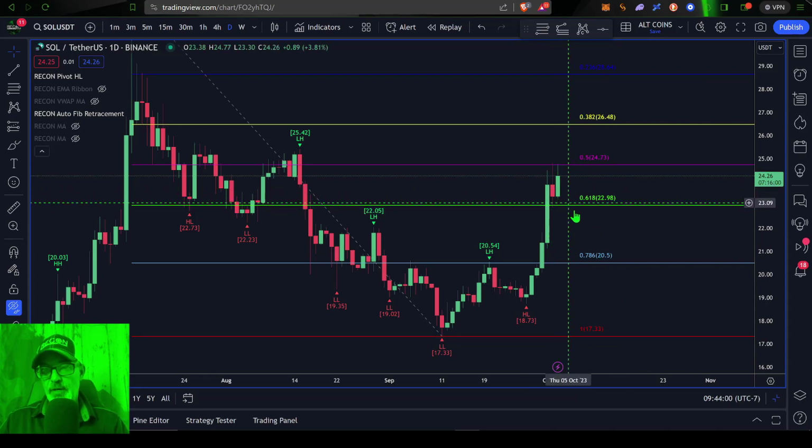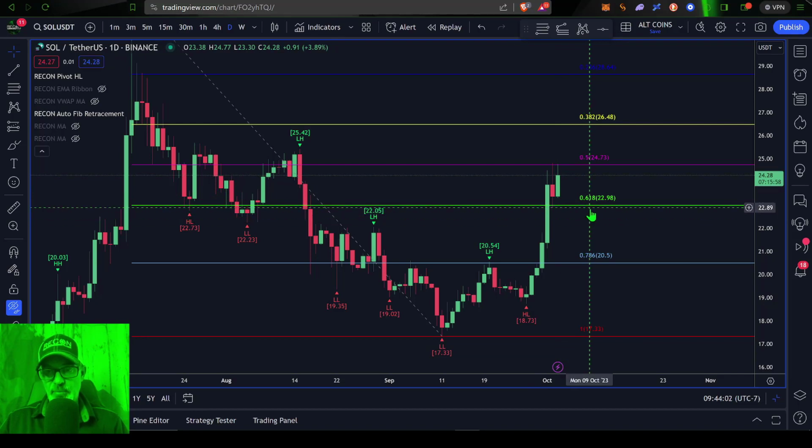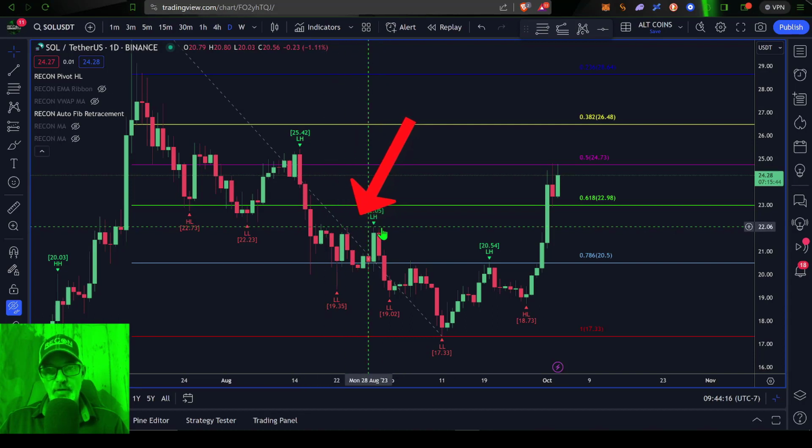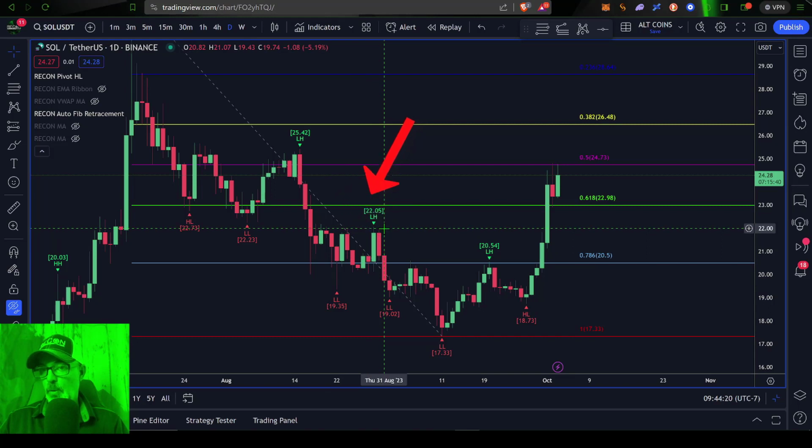Now, if the bears are able to get the price down below the 618 or 23, then the price of SOL could find support at 22, which would be this zone back here, where you can see that level was a strong level of resistance and could now flip into future support.